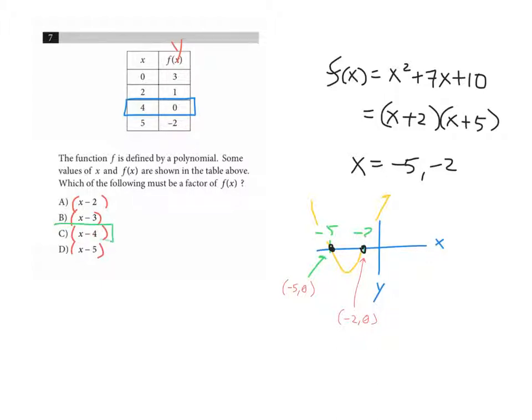So hopefully that makes sense. It's kind of a roundabout way of saying it. But another way of saying it is that if x minus 4 was a factor, then you would most definitely have, just based on that information, an x-intercept of 4, comma 0. No question about it, because if that's a factor, then this would be an x-intercept for sure. And where in the table do we see 4, comma 0? Well, it's right here.